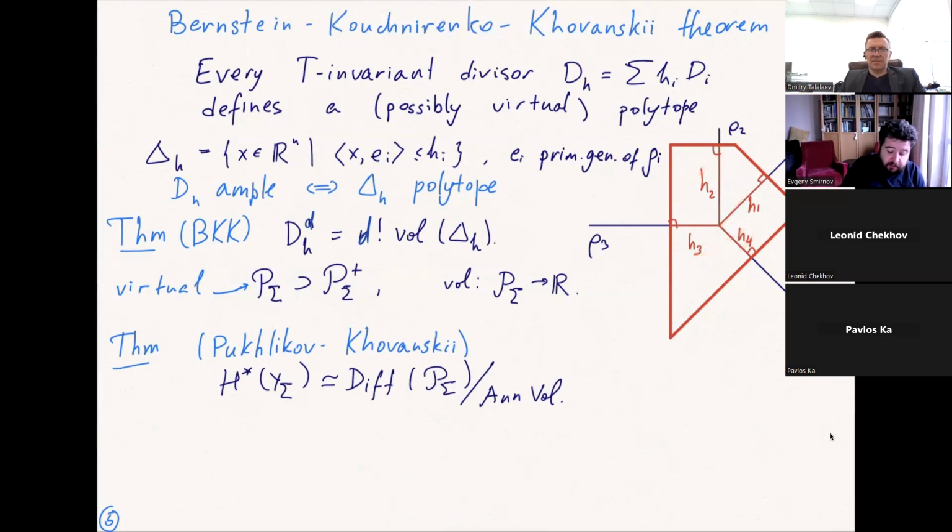So together with the previous theorem, we get a result by Pukhlikov and Khovanskii that the cohomology ring of a toric variety is isomorphic to differential operators on the space of polytopes with a span sigma modulo the annihilator of the volume polytope.